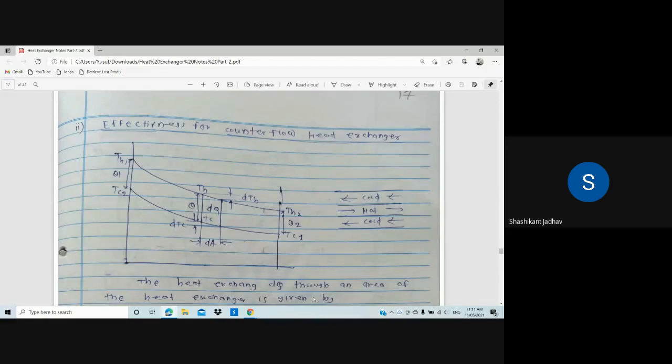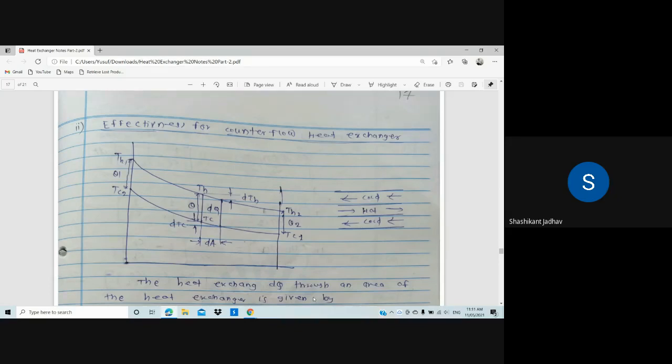Okay, so TH1 is the temperature of the hot fluid at the inlet, TH2 is the temperature of the hot fluid at the outlet, TC1 is the temperature of the cold fluid at the inlet, TC2 is the temperature of the cold fluid at the outlet. Theta 1 is TH1 minus TC2, and TH2 minus TC1 is theta 2.